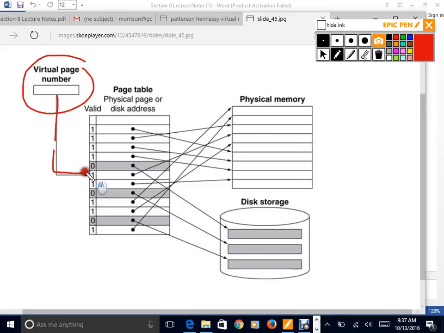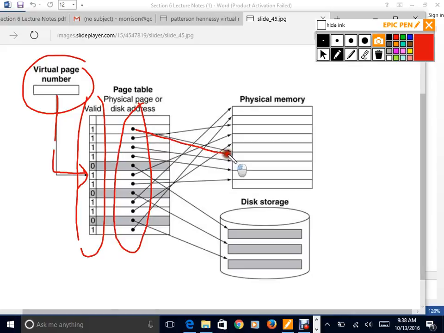So the first thing we do is go to this page table that contains this valid bit first, and then the correlation between where the page is in the page table and the actual physical memory.